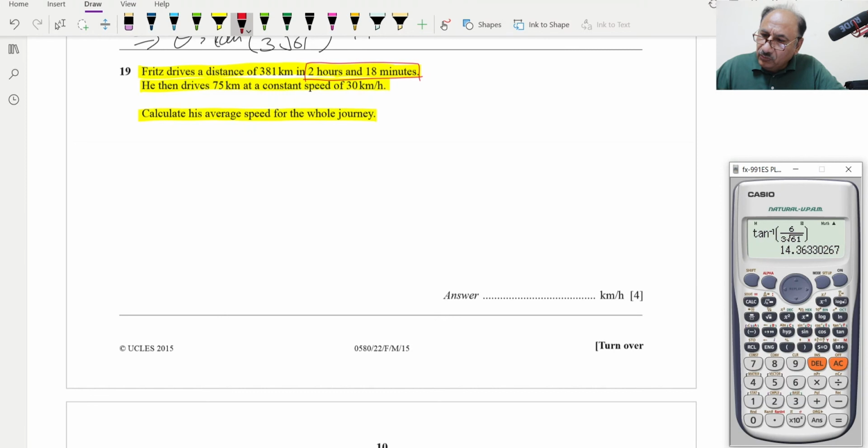What we will do, we will use the calculator. This is the easiest way to solve this question. So 2 hours, we will use the degree button, 2 hours and 18 minutes, like this, and press equal to, and press the SD button. This will shift it into decimal, so it will be 2.3.